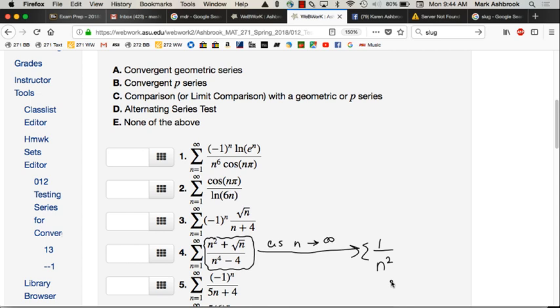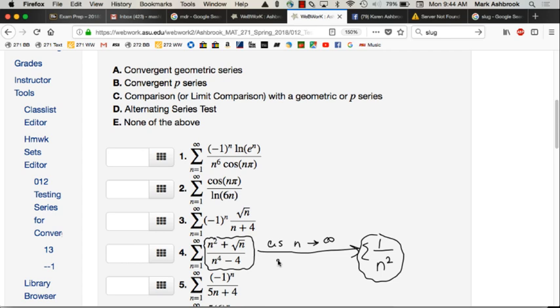And because of that, what can we conclude? Convergent, right? Because we know this is a p-series that converges. So if this is going to evolve and become essentially the same as that in the end, then we would say this one converges as well.